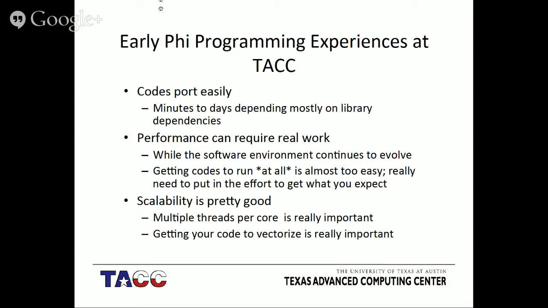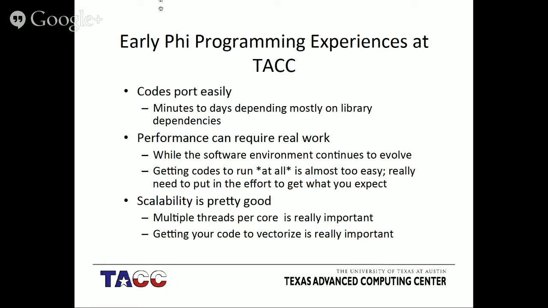So the experience that we made is code ports really easily. It's just a recompile, plus you have to satisfy all the dependencies. You may have to recompile a lot of libraries. But to get good performance, here it says very optimistically, can require real work. I can assure you it will certainly require real work.